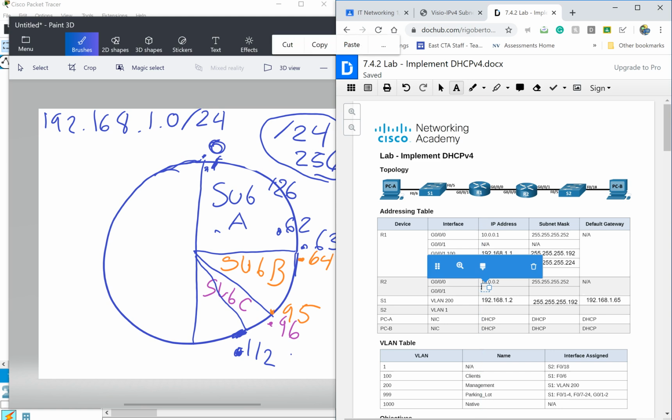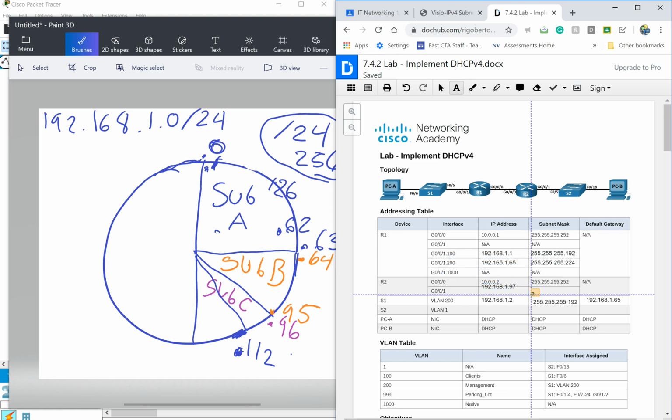Dude, this is hard to do with a touch pen. This is going to have to be good enough for government work. 192.168.1.97. I have my little drawing here. .97 is the next one. Close enough.